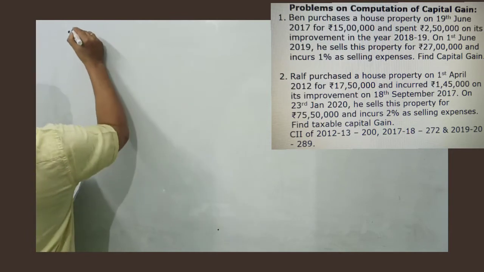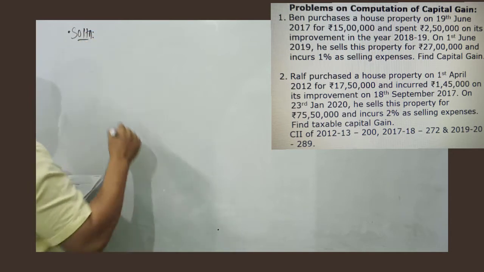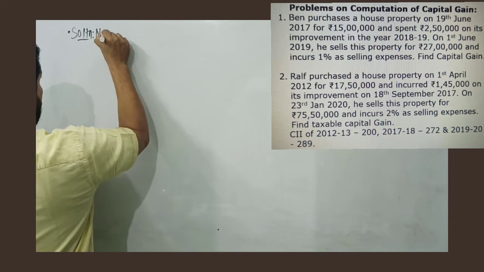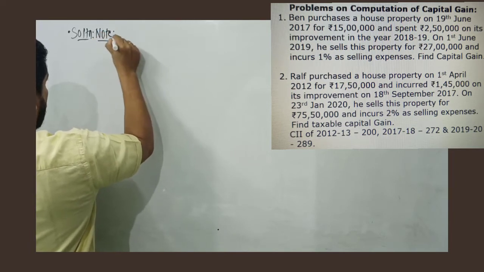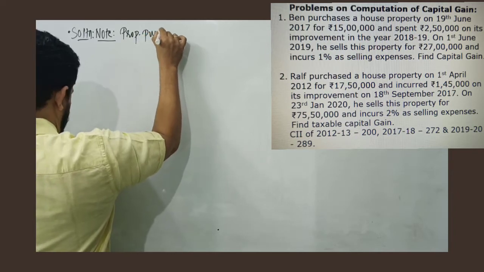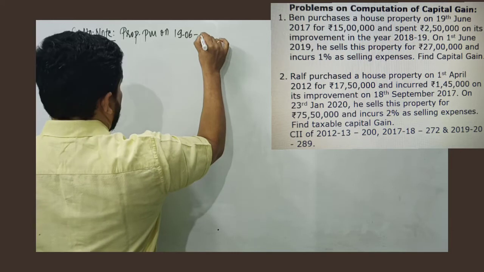Now, in this particular problem, we are given the basic point as to when the property was purchased. So, I'll just make a note. Property purchased on 19th of June 2017.